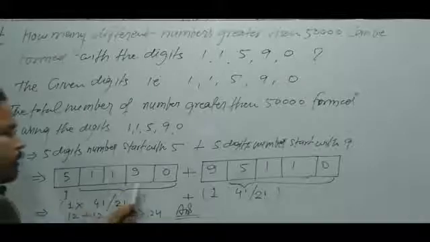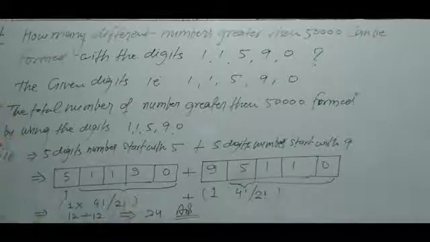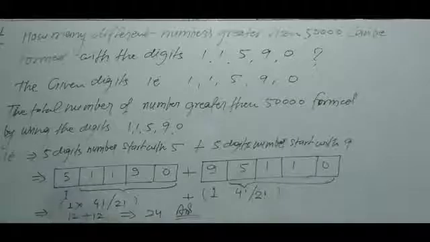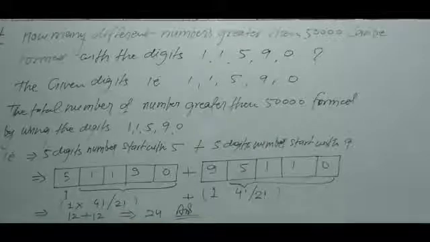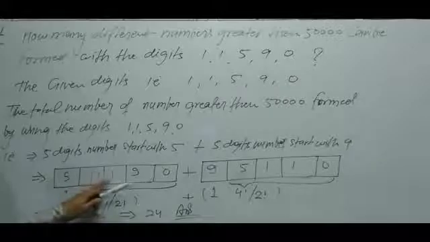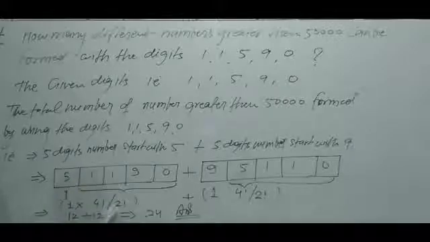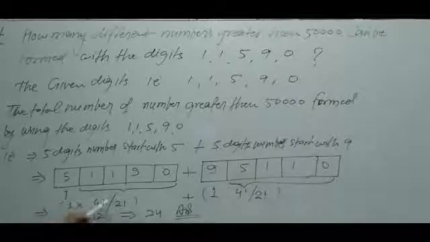So 1, 2, 3, 4, there are 4 box for remaining digits. So 1190 is here. Now 1190 we can set by using factorial 4 ways. And in this digit 1 is repeating, so we can divide by factorial 2. Now this result we can get 1 into factorial 4 upon factorial 2. Result we can get, that is 24 by 2, result is 12.